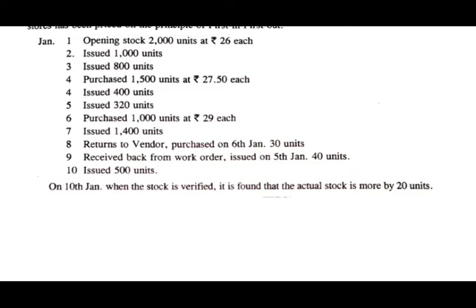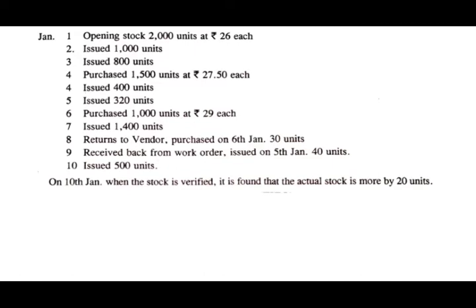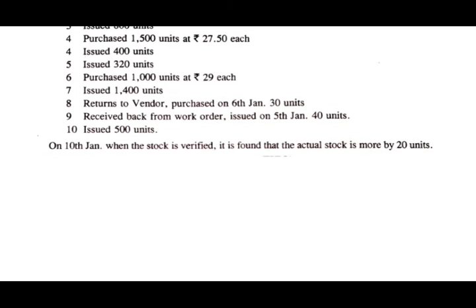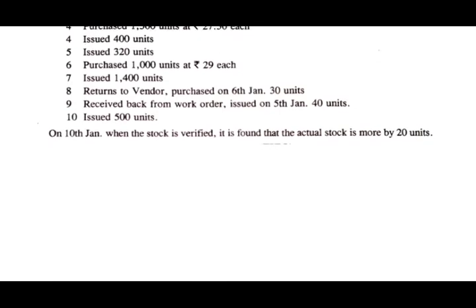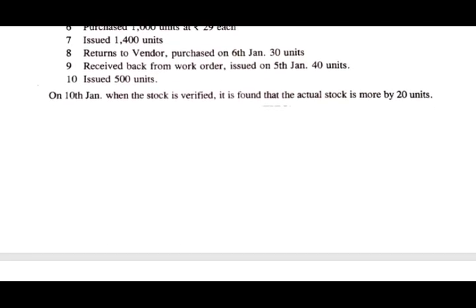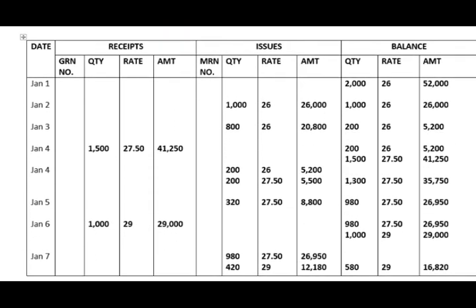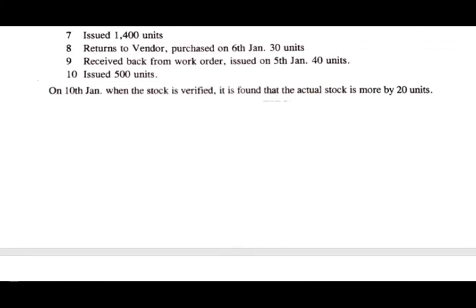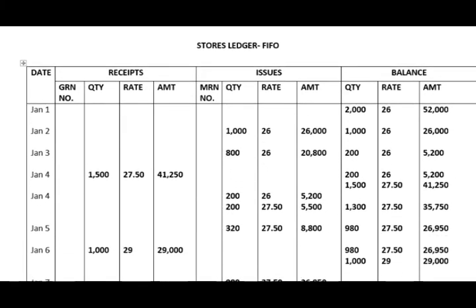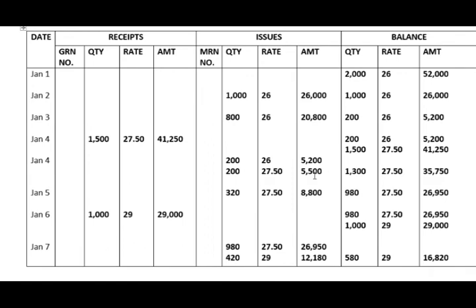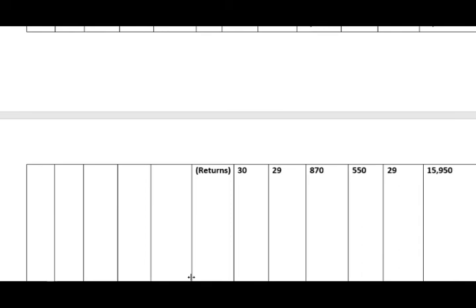That is, it is returned from a department to the stores. That means 40 units on 5th January. As you can see, on 5th January, we have issued 320 units. At what rate? 27.50. Out of the 320 issued, we are getting back to the stores 40 units. So the rate will be 27.50.